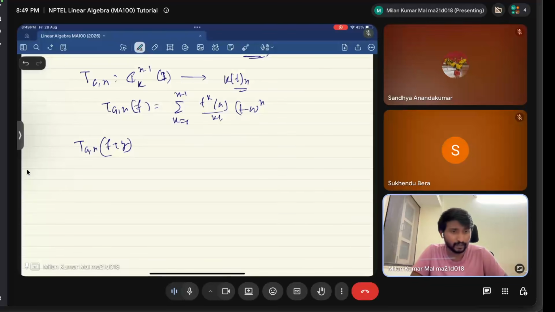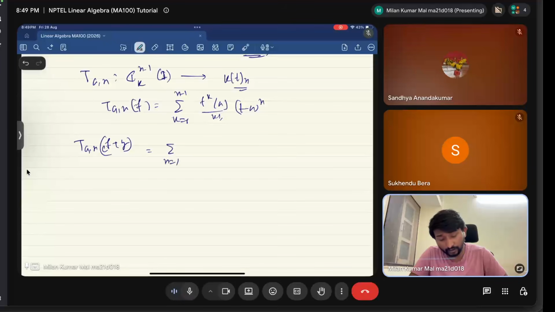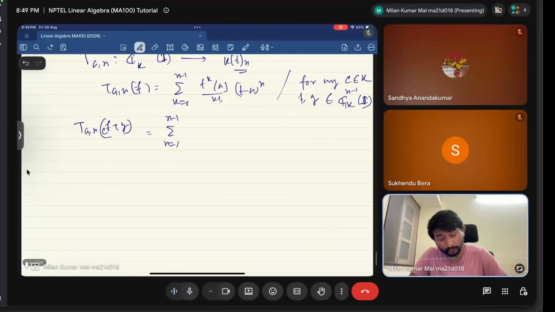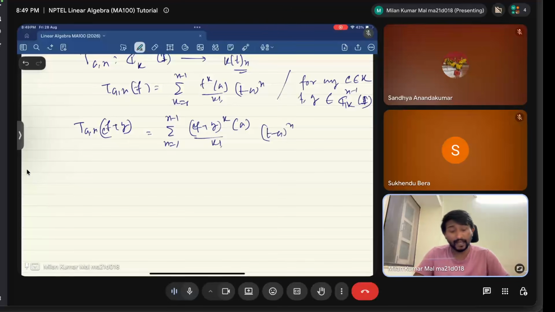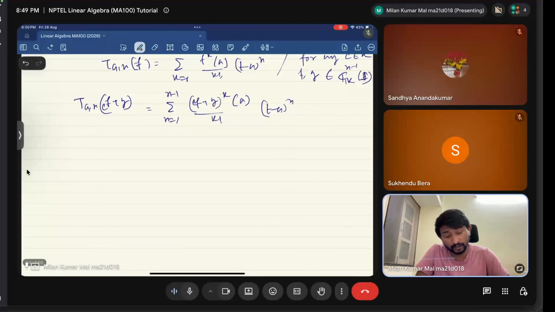I'm not writing the scalar, but you can understand the scalar is there. By definition, for any c coming from the field K, and f, g coming from this space, we get the sum of (cf plus g)^(k)(a) by k factorial times (t minus a) to the power k. As we said very early, the differential operator is a linear operator, though not its power. Here it is a k-times differential operator, so you can directly write c f^(k)(a) plus g^(k)(a) over k factorial times (t minus a) to the power k.